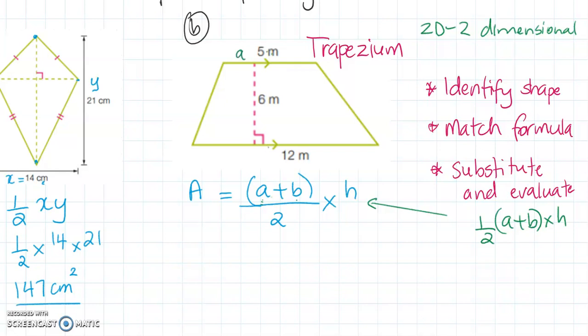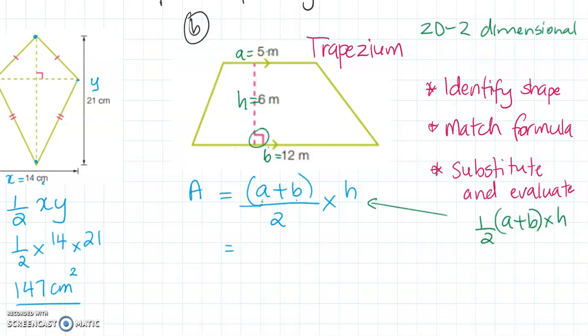So I'm going to label the top side as A and the bottom side as B. H is always the perpendicular height, the height which is at right angles to your base. So this 6 is your height. Height equals 6.